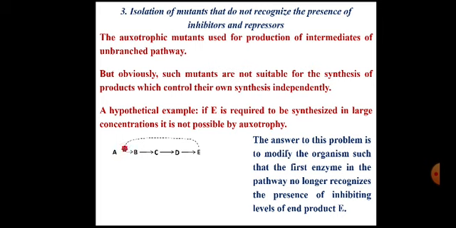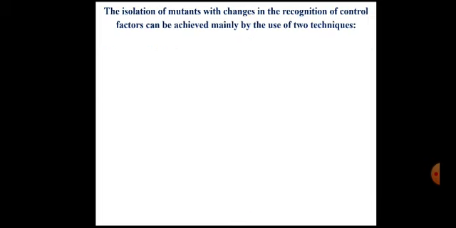So the site of modification will be related to the synthesis of this key enzyme. This is how this control will be lifted, and there is a possibility of overproduction of the end product of an unbranched pathway. So particularly this type of modification we can plan in relation to microbial metabolites of this nature, that is, end products of unbranched pathways.